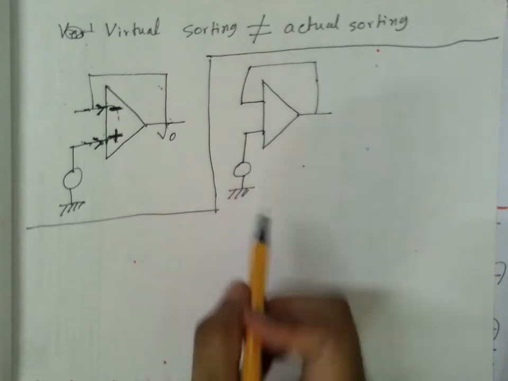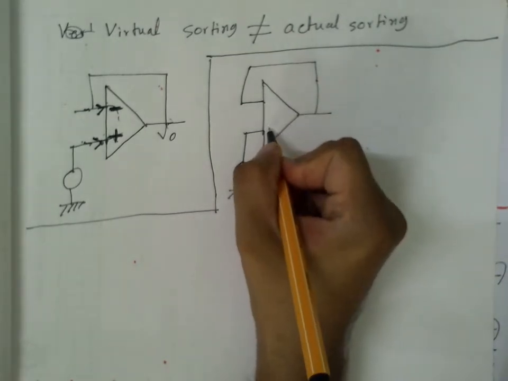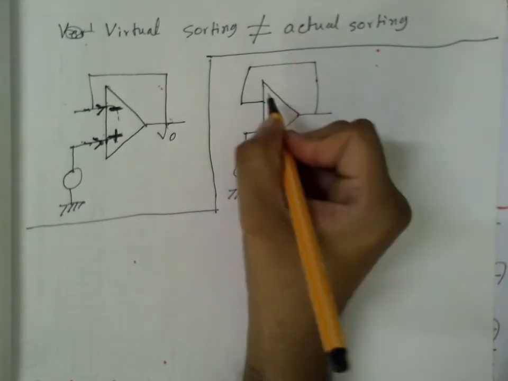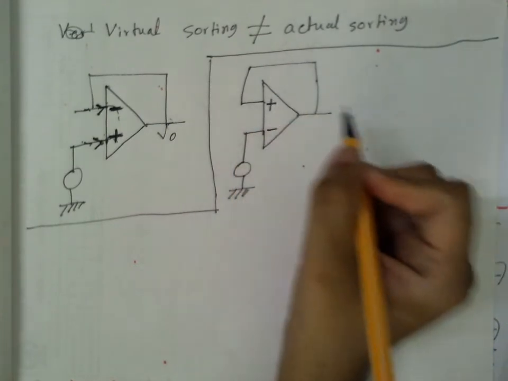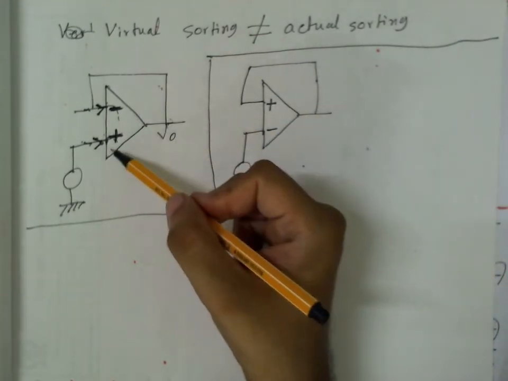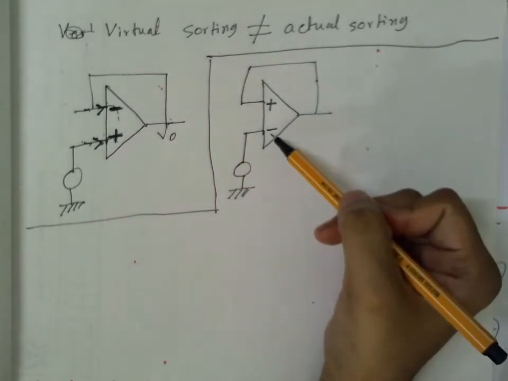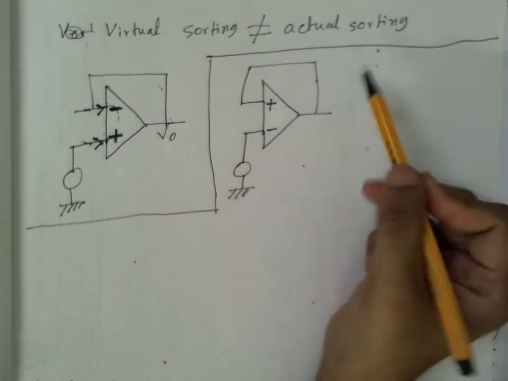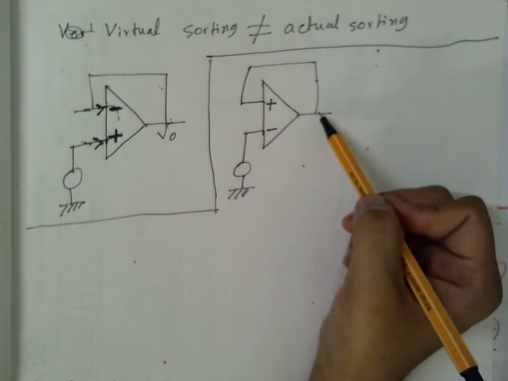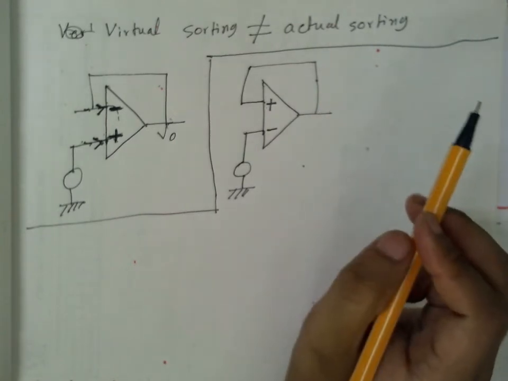But in this case, I take this as the minus terminal and this as the plus terminal. So instead of feeding the plus terminal with a voltage source, I feed the minus terminal with a voltage source, and the plus terminal is fed back by the op-amp itself.